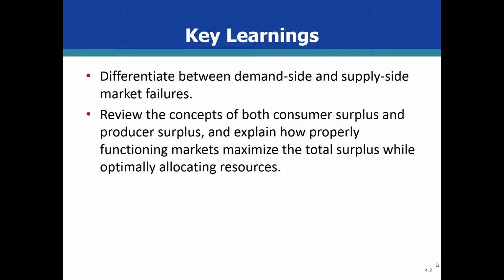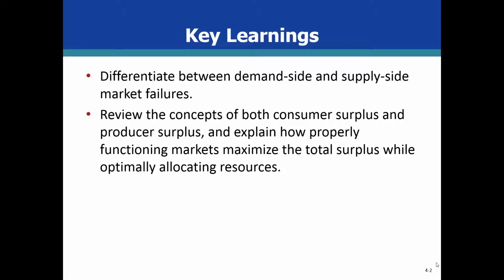In this lecture, we're going to review demand side and supply side market failures. You want to think of market failures as an economist. Market failures exist when the market does not achieve resource efficiencies.